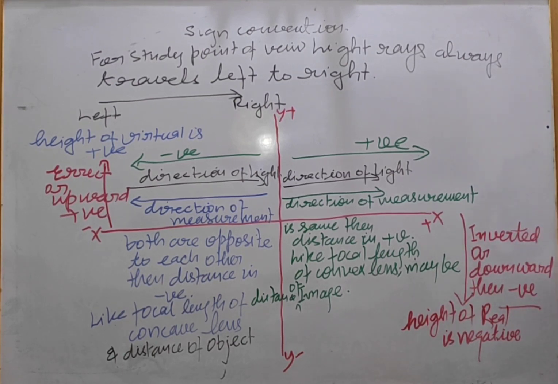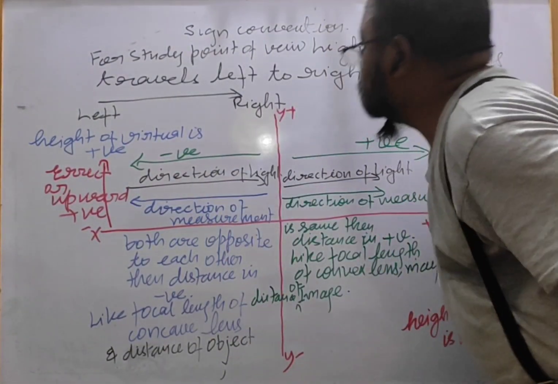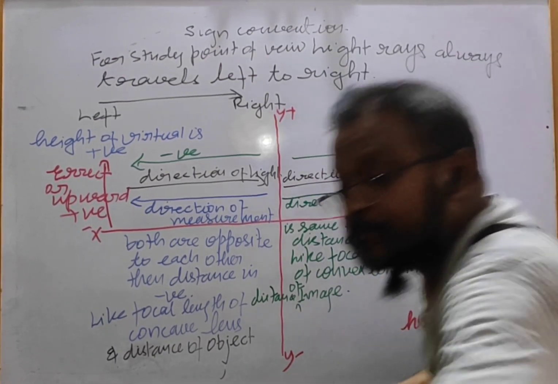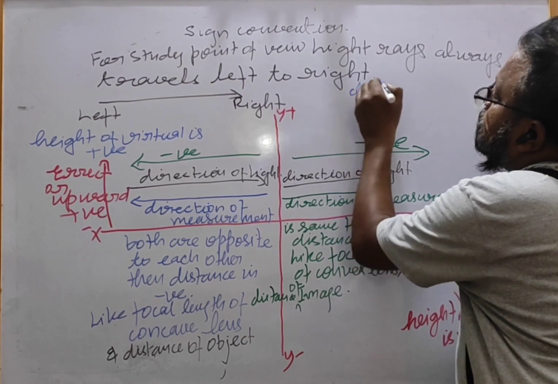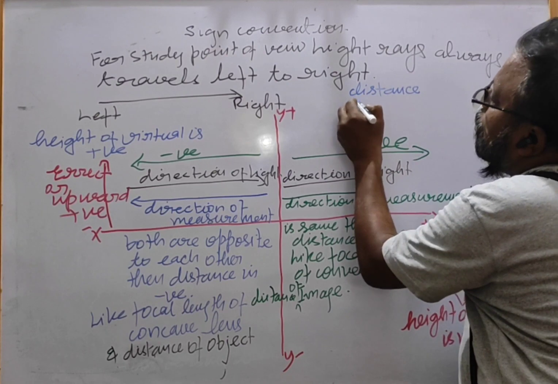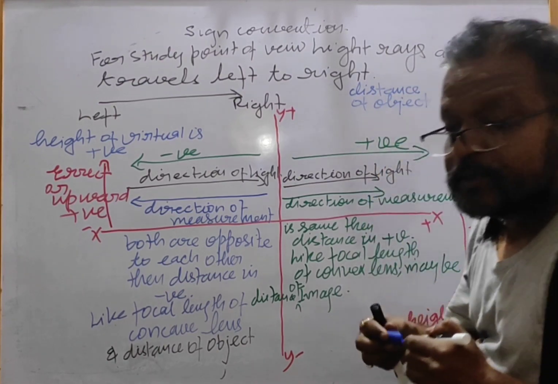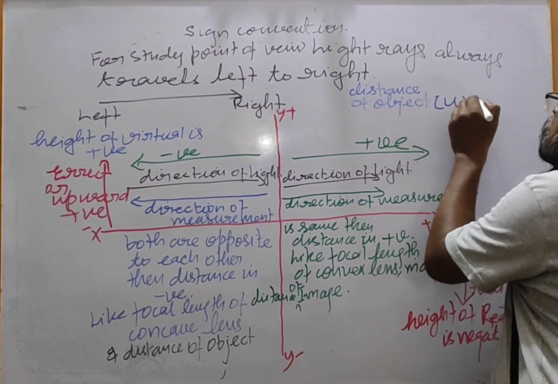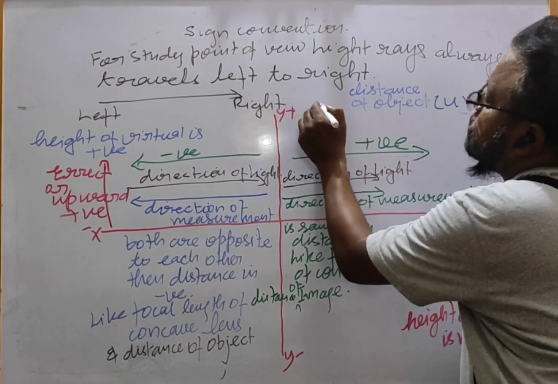One thing you should always keep in mind: distance of object, which we represent by u, is always negative, right?